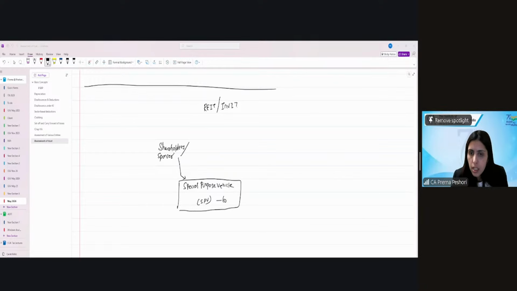Right? Now, this SPV is a company. Now, this company wants to invest in the immovable property. Correct? Now, what we will do is, these shareholders or sponsor will give the shares of this SPV to a REIT.